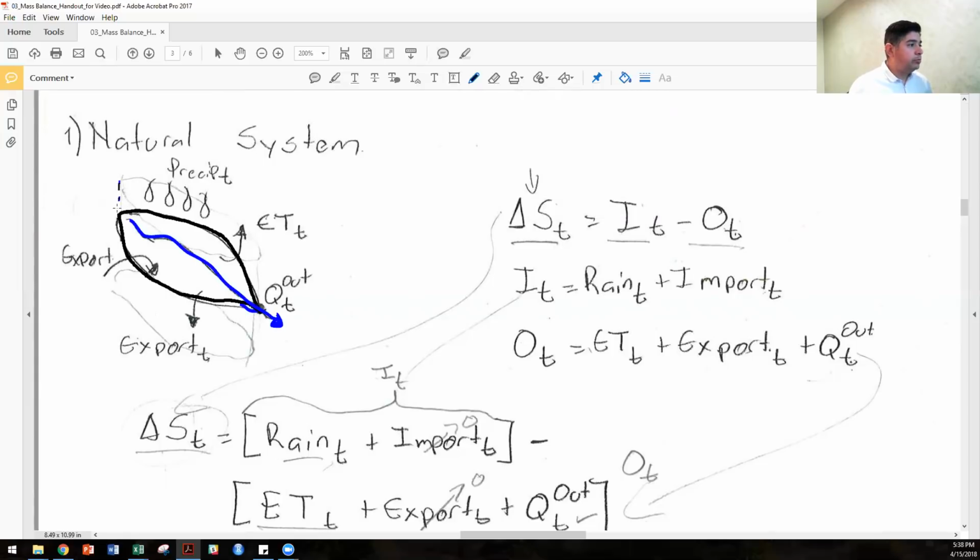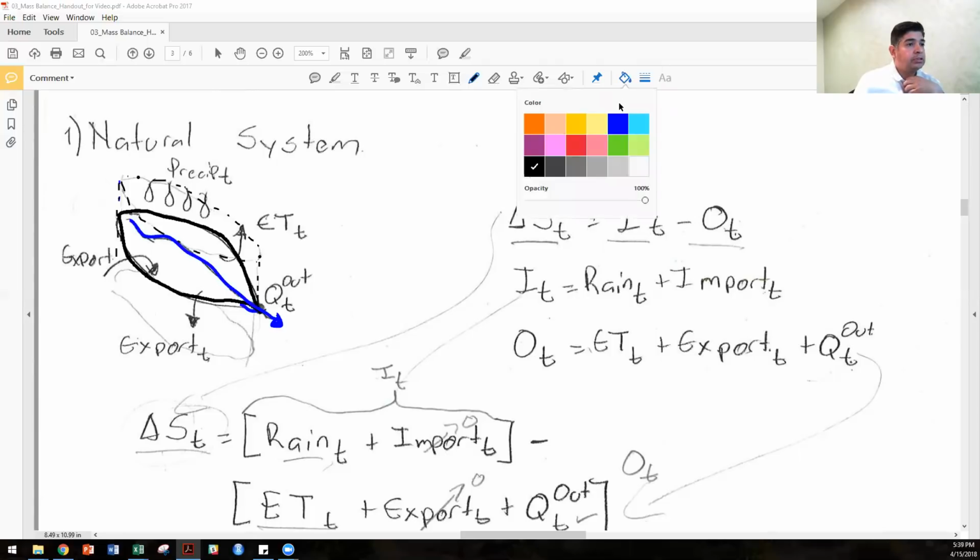Imagine that we have an imaginary volume all the way up to the atmosphere, okay? So it's a control volume that goes from the area of the watershed of the basin all the way up.